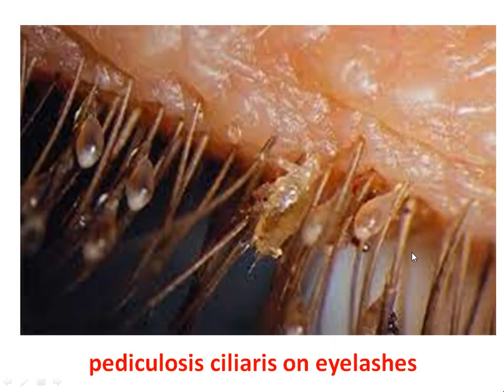Here you can see the infection that occurs to the eyelashes, the hairs which are present at the eyelashes. Phthiriasis pubis can be seen infesting the base of the hairs, and irritation and scratching will be caused in the eyelashes. So this condition is called pediculosis ciliaris, on the eyelashes.